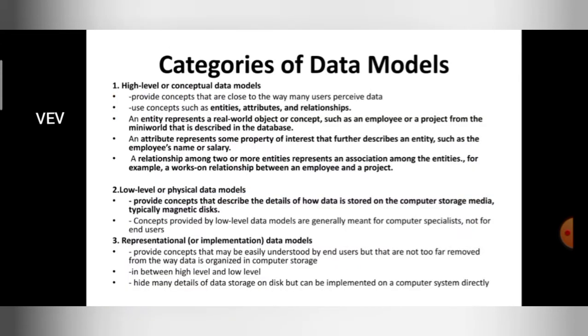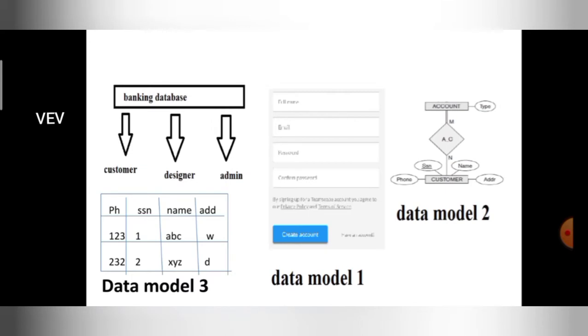Attribute represents some properties of interest of an entity. For example, employee is an entity or customer is an entity, right? Customer can be identified by the name, by the phone number, by the age, by the address.